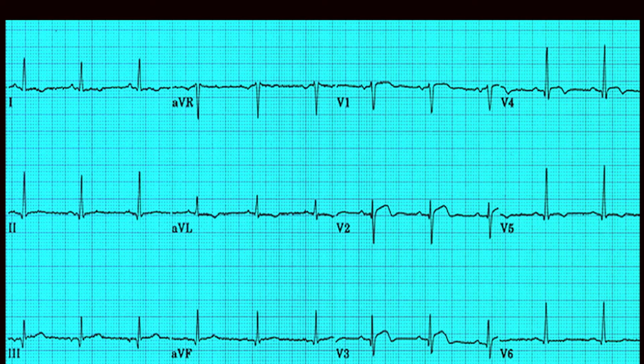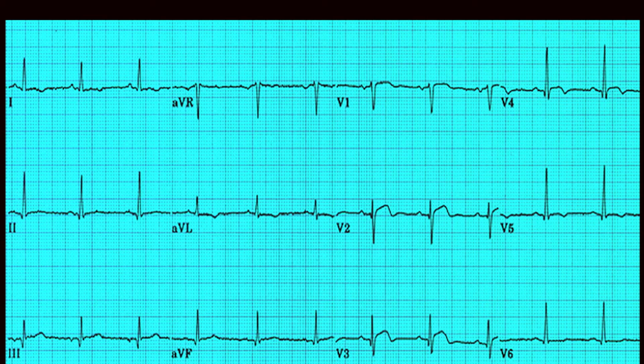If these changes were between V5, V6, that would have been a lateral wall MI or apical MI, and if these changes were from V1 to V6, it would have been anterior wall MI, and if these changes were only in lead 1 and AVL, that would have been high lateral MI.